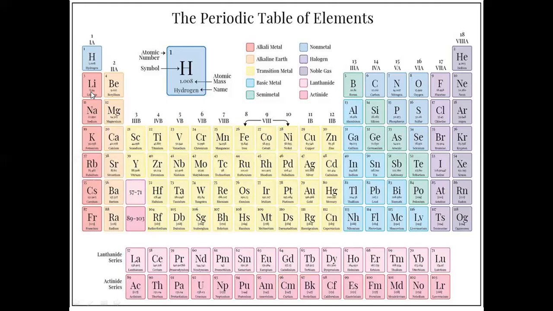See, why we arranged all these things is here. The physical and chemical properties of an element are a periodic function of the atomic number. All of these elements, whatever is arranged over here, their physical and chemical properties depend on their atomic number.